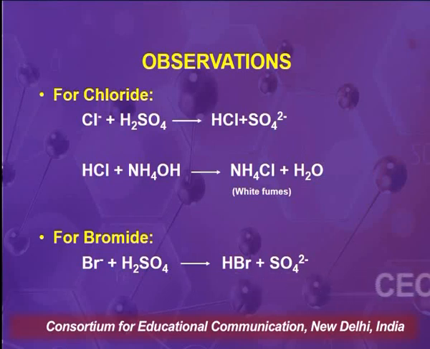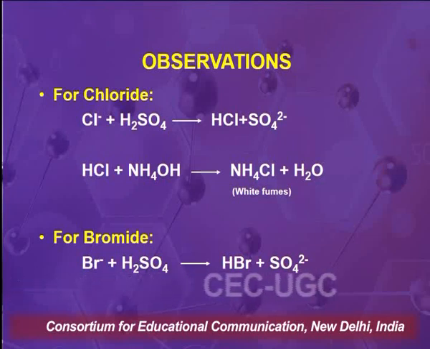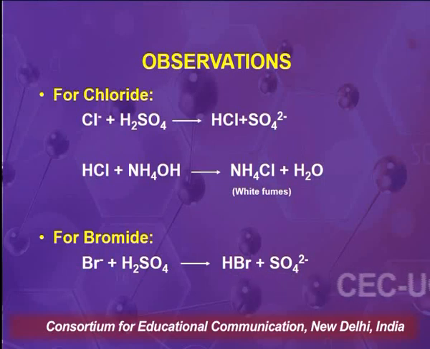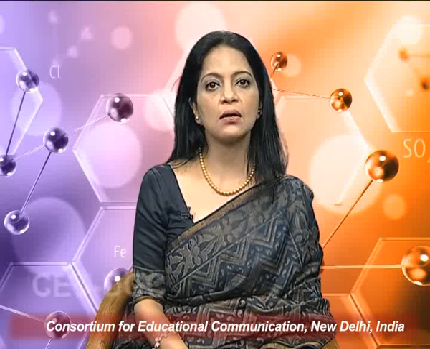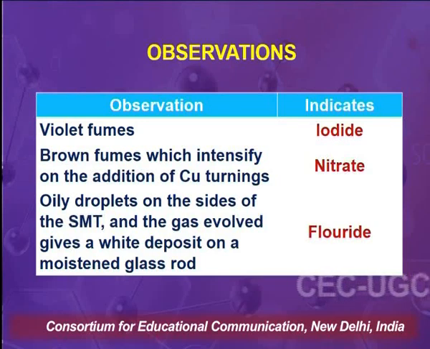For bromide, bromide reacts with sulfuric acid to produce HBr, and further bromine, which produces brown fumes.